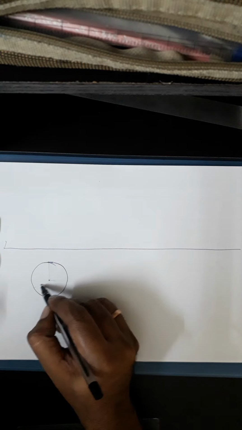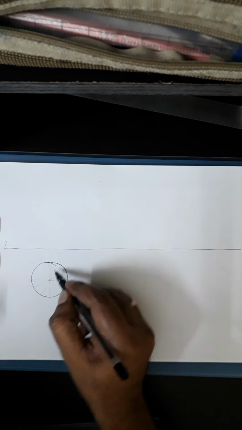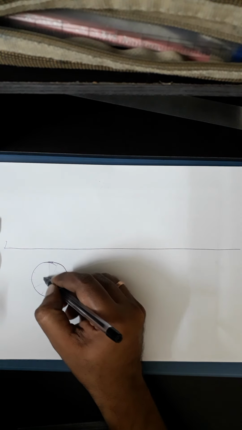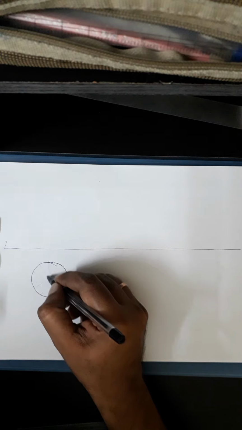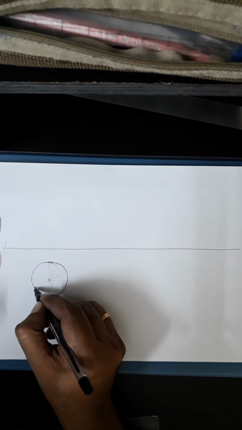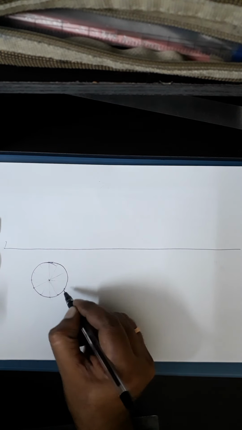If you draw 30 degrees to the horizontal line, then 60 degrees to the horizontal line, the same way, you can divide the circumference into equal divisions.